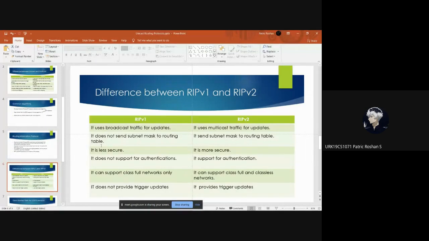Version 1 is less secure and version 2 is more secure. Version 1 does not support authentication, and version 2 supports authentication. Version 1 supports classful networks only, and version 2 supports both classful and classless networks. Version 1 does not provide triggered updates, and version 2 provides triggered updates. These are some of the differences between RIP version 1 and RIP version 2.